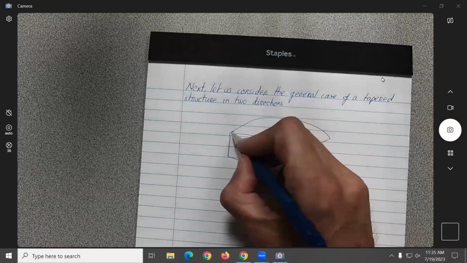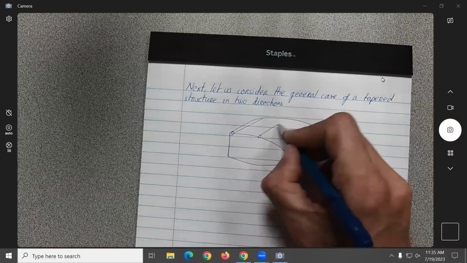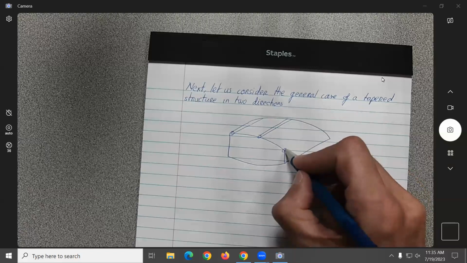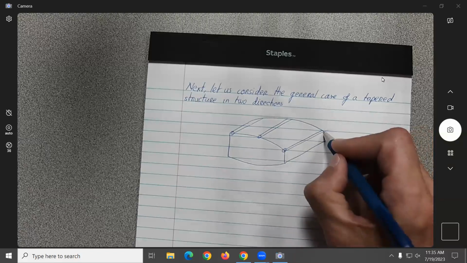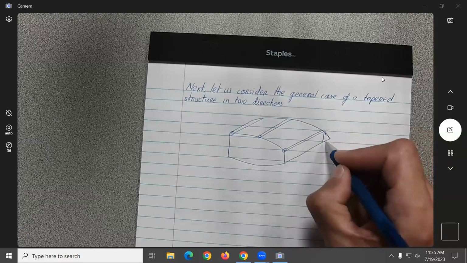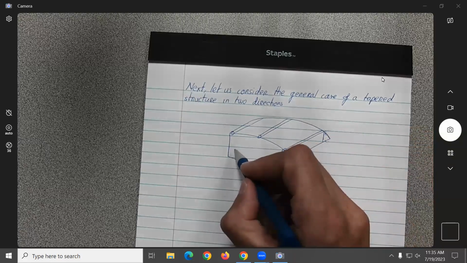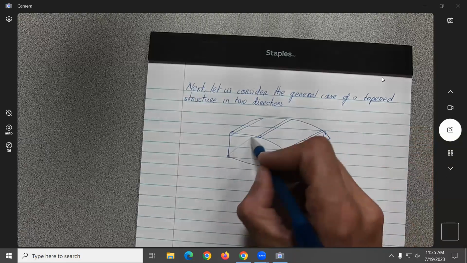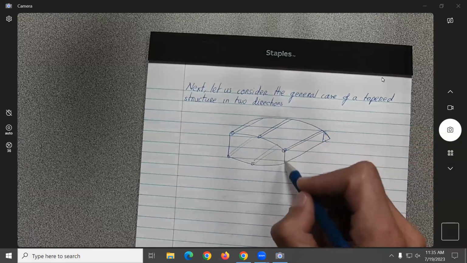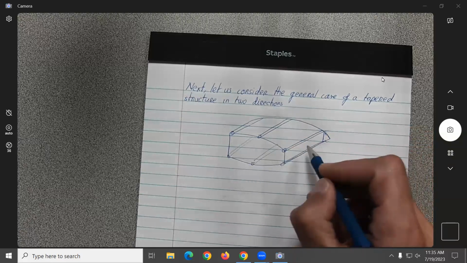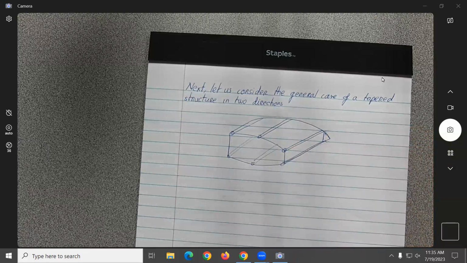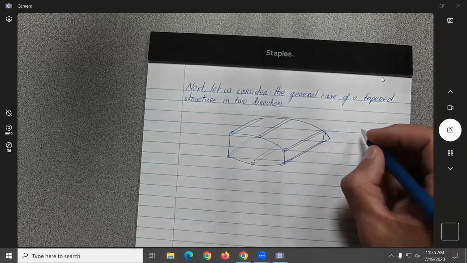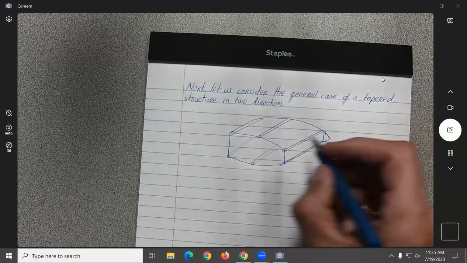So you can have stringers here if you want. And well, you could have stringers here. And so on.